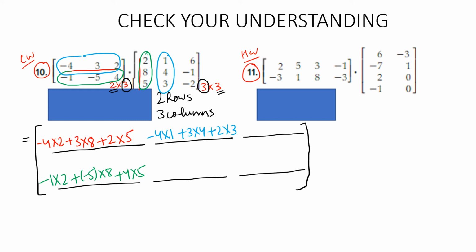Similarly here we have the second row, and the second column. So negative 1 times 1 plus minus 5 times 4 plus 4 times 3. Now similarly for this one, first row, third column now. So this is the column we are considering with the first row.